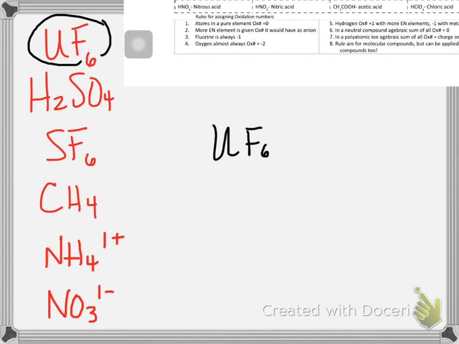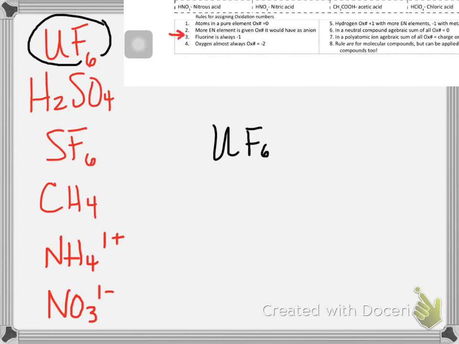I'll write the compound there, and then over top of the first element in the compound, I will write the first thing that I can get a hold on, that I can assign an oxidation number to. I'm looking for something that's got a rule associated with it. And fortunately I have fluorine.